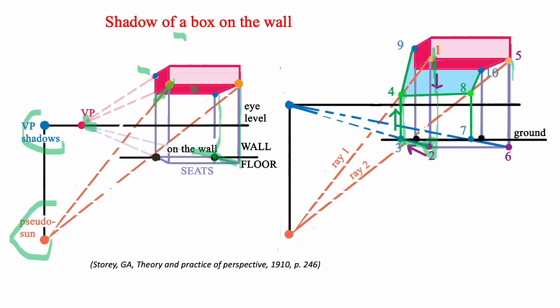Same over here with number 5. Go down to the bottom of its seat. The shadow line will go toward the shadow vanishing point, and when it hits the wall, it goes vertically up, and where it intersects the light is a point on the shadow.